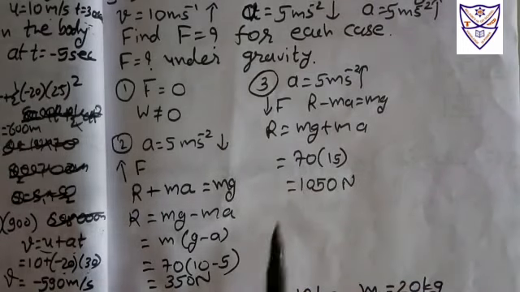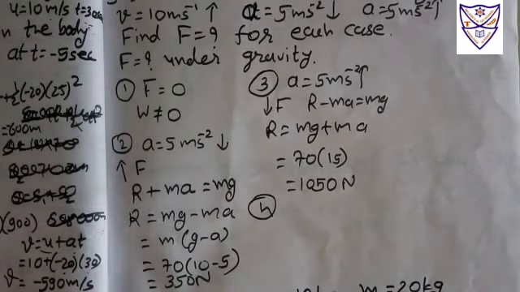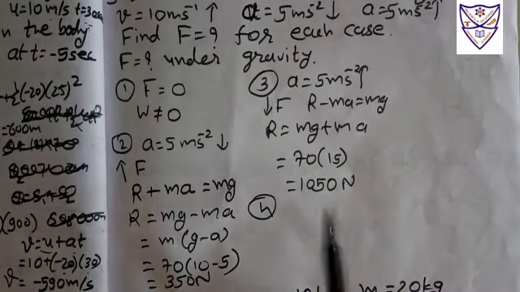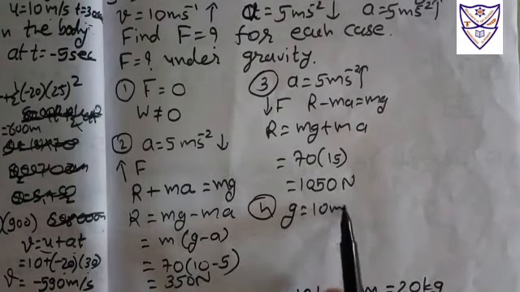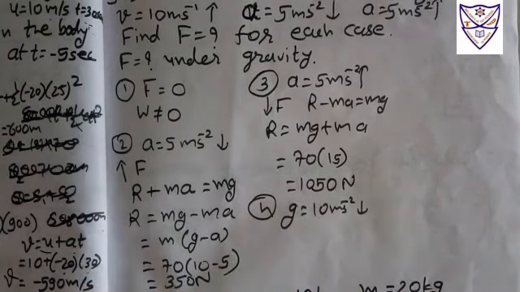And the last case is when the man is just falling freely. Then the pseudo force is due to gravitational acceleration, 10 meter per second squared, in the downward direction, right?